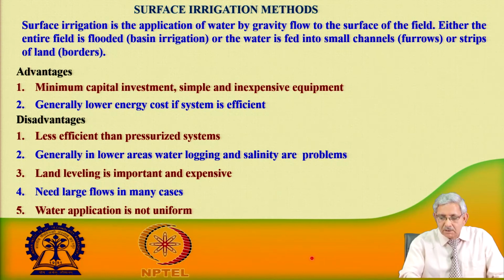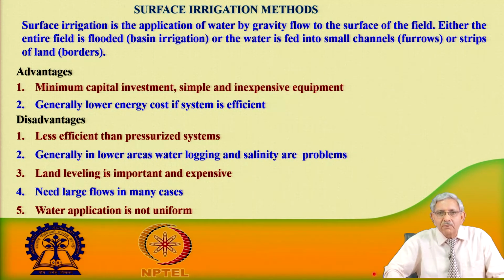This is a common problem in the majority of canal commands. There was no problem as such when these canals were not operating, but after the canals came and people started over irrigating, because of the high water table a large area has had the problem of water logging, and soil salinity has become a problem.